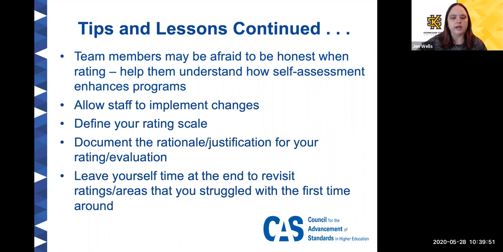So really pulling that out, like one of the items says it does not apply, and I say that's not your get out of jail free card, rather that's okay, this really doesn't apply because that's part of another unit, or that's just something we aren't doing because of resource allocations, or sometimes a 2-year versus a 4-year institution, although we really try to make the standards beyond institutional type. And having those rationales and justifications is really powerful. It takes time, but I think in the end it does.